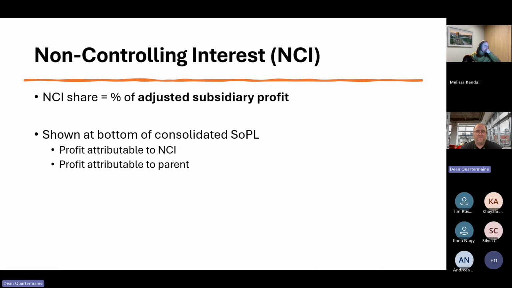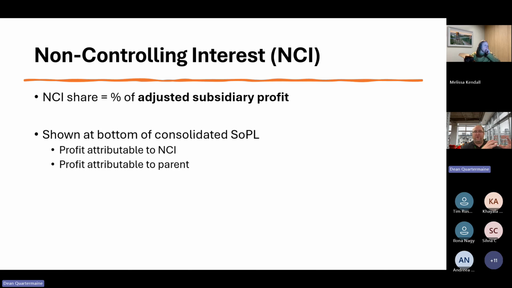And from a profit and loss perspective, the non-controlling interest share is their percentage of adjusted subsidiary profit. Now, please remember, adjusted subsidiary profit, not adjusted group profit, because they don't own the group, do they? The parent owns the group.